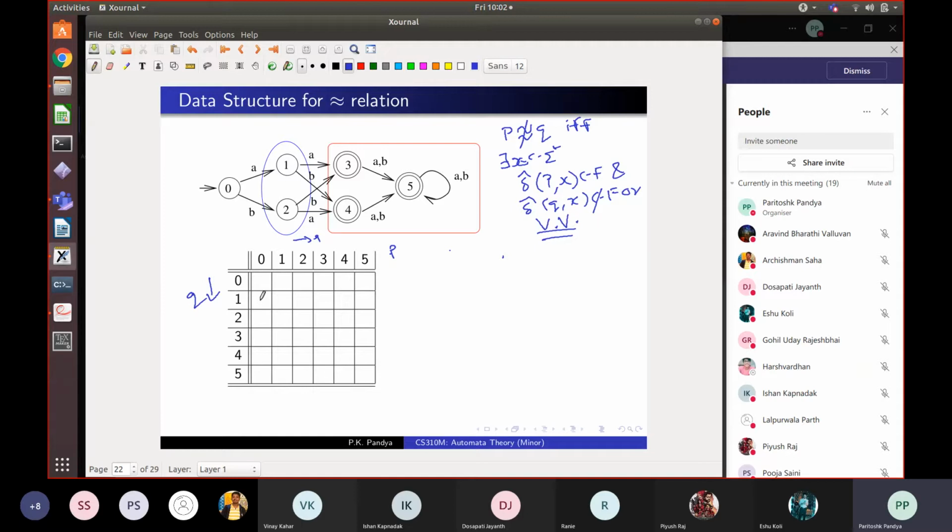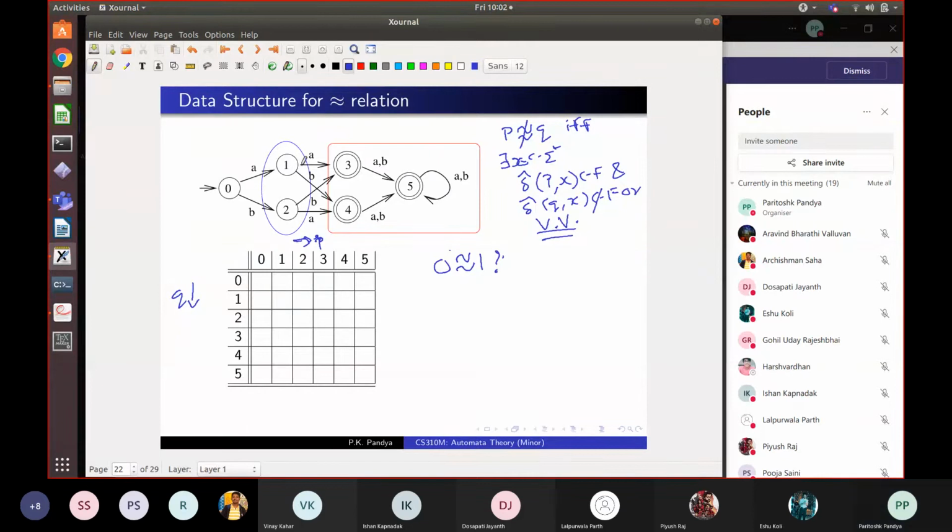So let's take this automaton. These are Qs and these are Ps. Now, is 0 equivalent to 1? Can somebody tell me? No, it is not the case. Why is that? Because the string a distinguishes them.